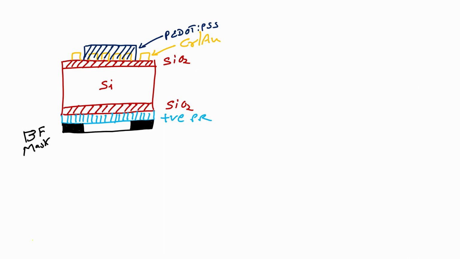Next step is we have to expose the wafer in UV light, right. After exposing the wafer, next step is we have to unload the mask and we have to dip this wafer in photoresist developer.